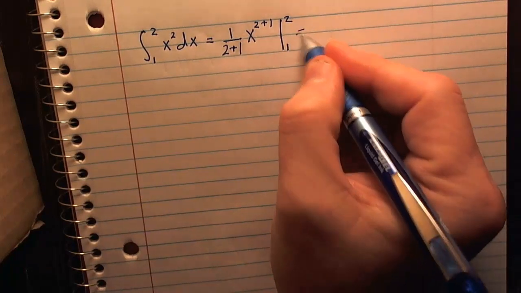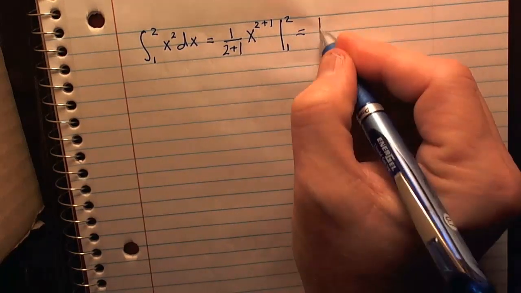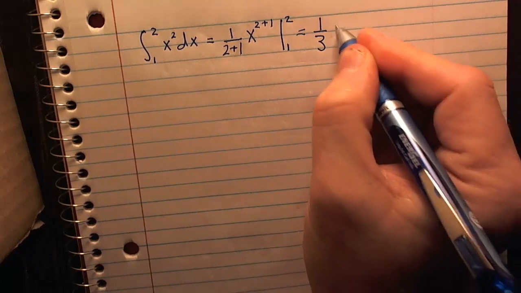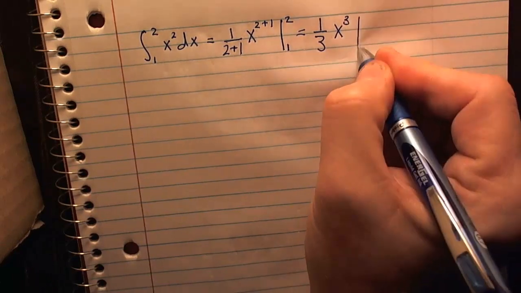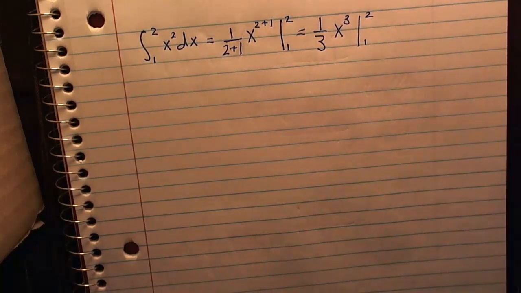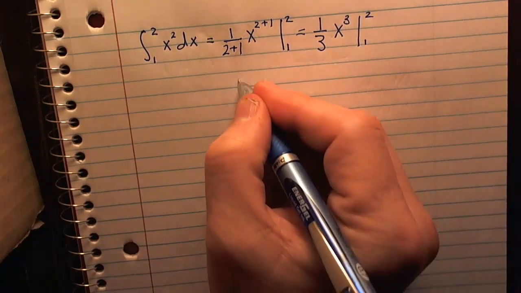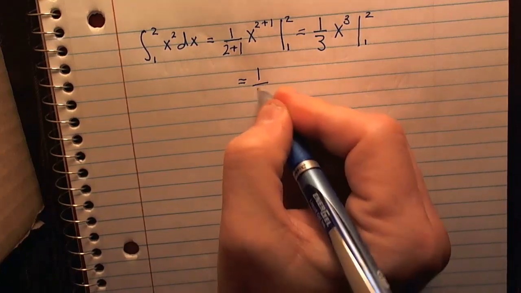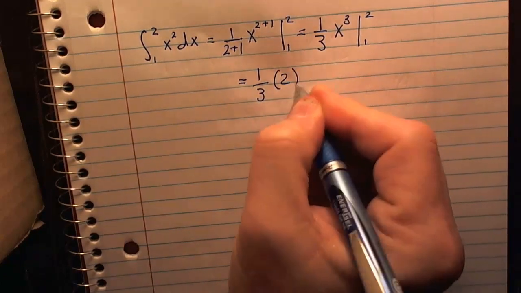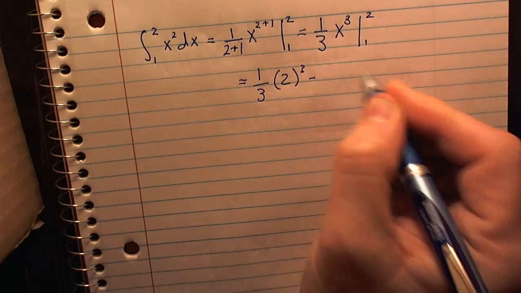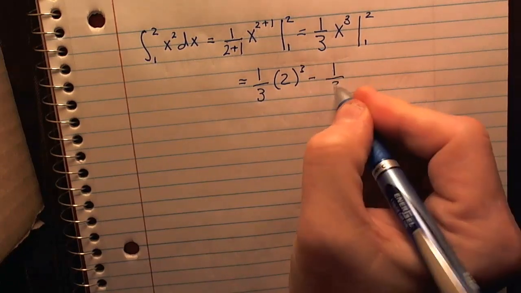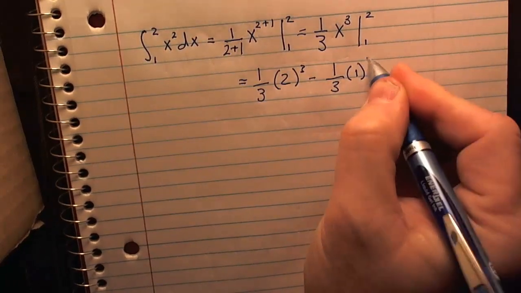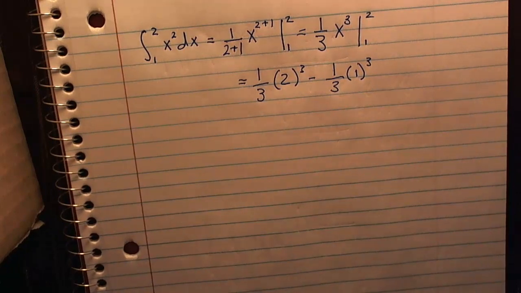And here's what we have then. We have 1/3 x cubed from 1 to 2. Now, all I have to do now is put in the values. I have 1/3 2 cubed minus 1/3 times 1 cubed. And that, I just work this out and I'm done.